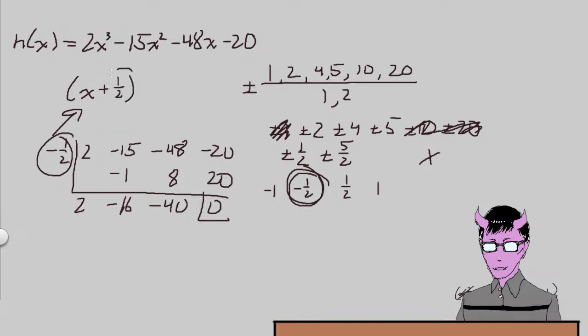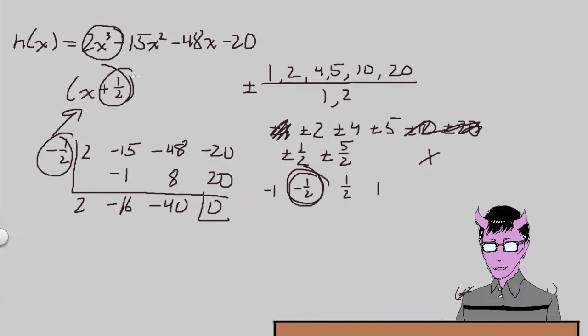So it looks kind of funky because there's a number that's a fraction inside the parenthetical. You can see that this is not the remainder, this is the quotient. The quotient is 2, -16, -40. But remember, this is shorthand notation. There are actually x's attached to each of these. What are the x's? Well, we start off with x cubed.